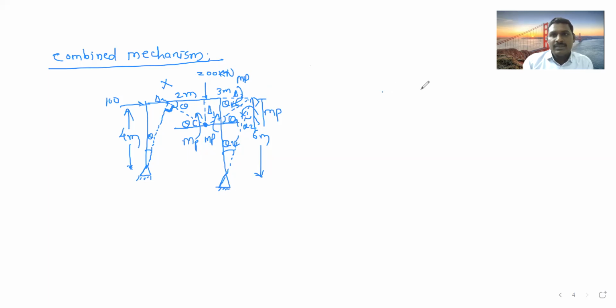See here, this is MP, this is MP. One movement of beam I have shown and second movement of column I have shown. So two movements at this point we have shown, and this movement at B will be neglected or absent.